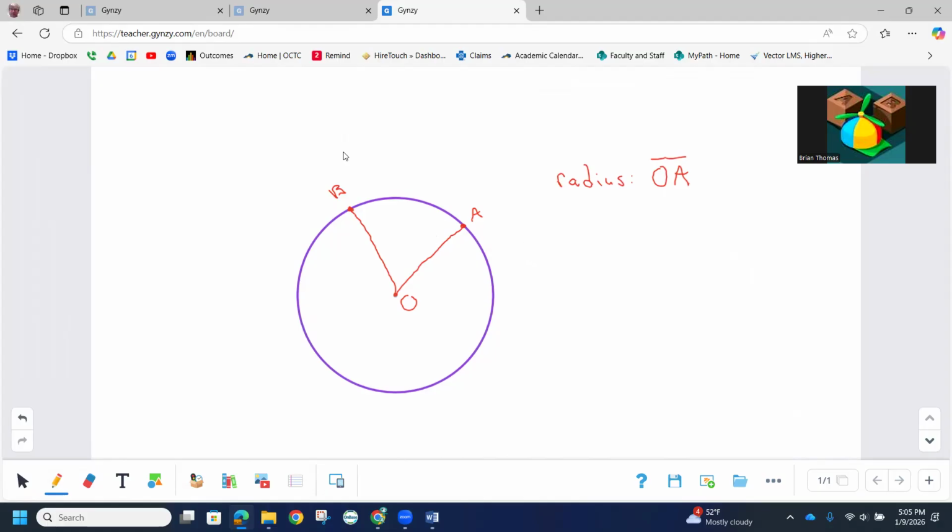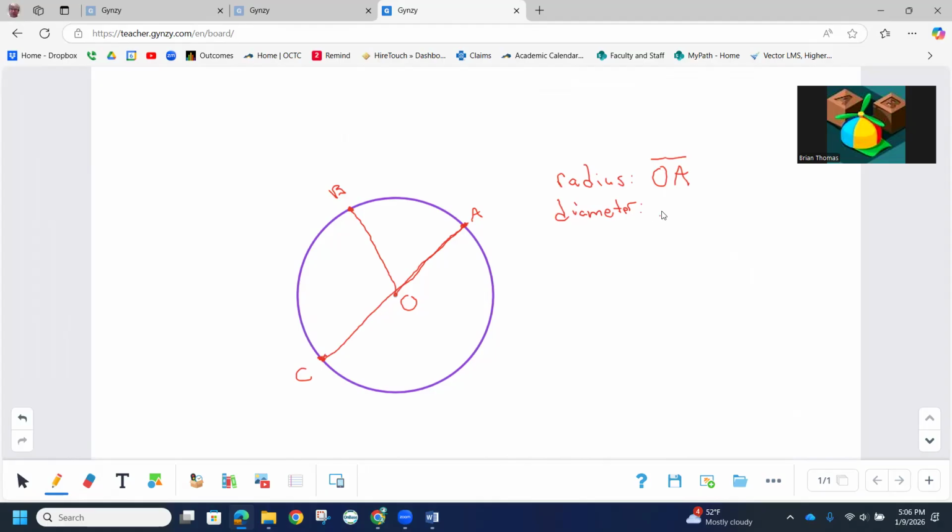Now, if you go from one point through the center to another point across the way, say this is point C, notice that if you draw a line segment that goes through the center of the circle all the way across to the other side of the circle, both point A and point C are on the circle. This line segment is called a diameter. A diameter is a special segment that goes through the center of the circle.